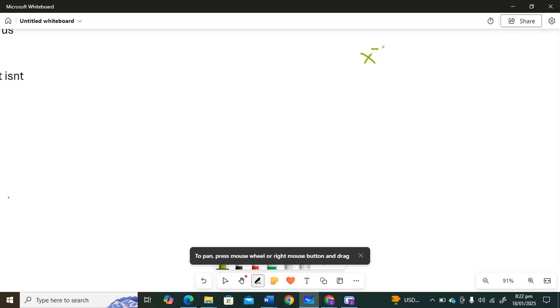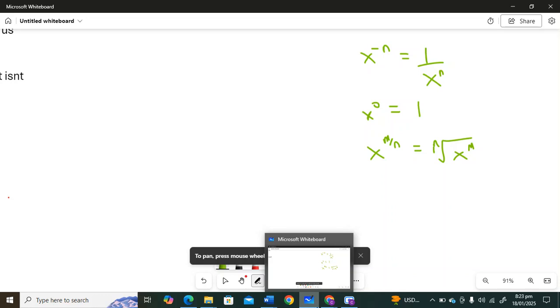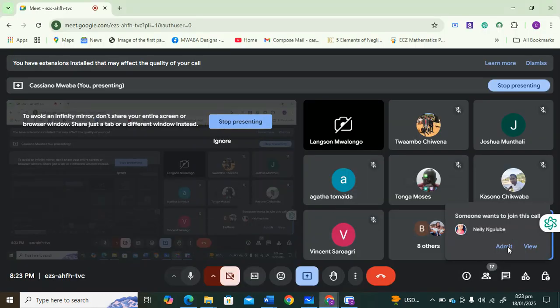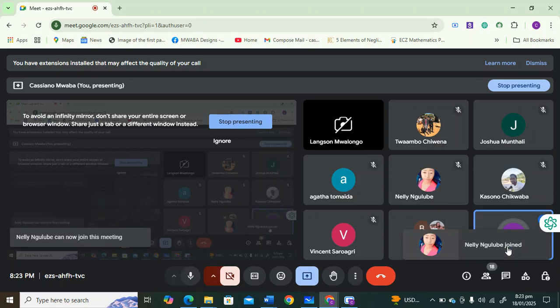Please write them down, especially these three, because they are going to apply throughout this whole question. You're going to see these laws being applied.